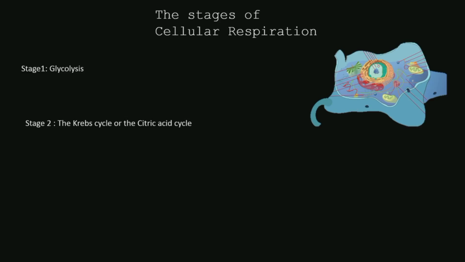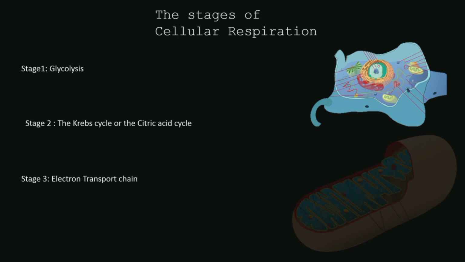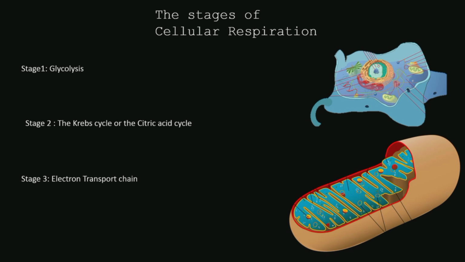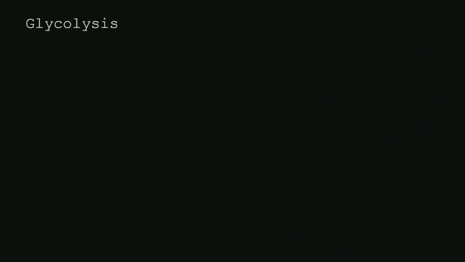The citric acid cycle is named for what it makes, and the Krebs cycle is named after the guy who found it. Then we have the electron transport chain. Stage 2 and stage 3 both happen in the mitochondria. One of them happens on the inside and the other one happens in the middle.